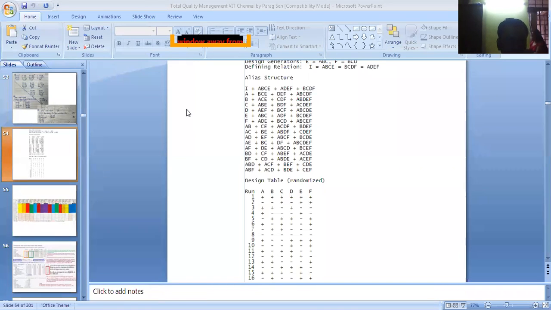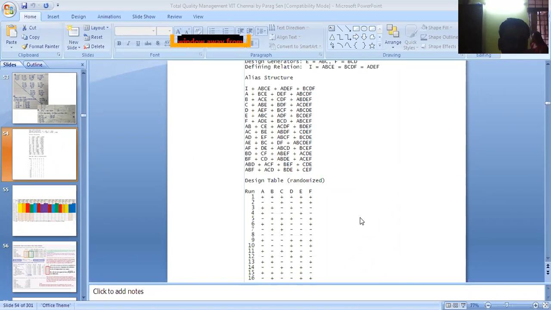For example, suppose you have 6 factors, just like the earlier example that I gave you, and you want to conduct a 1/4 fractional design. So you will be performing only 16 experiments.